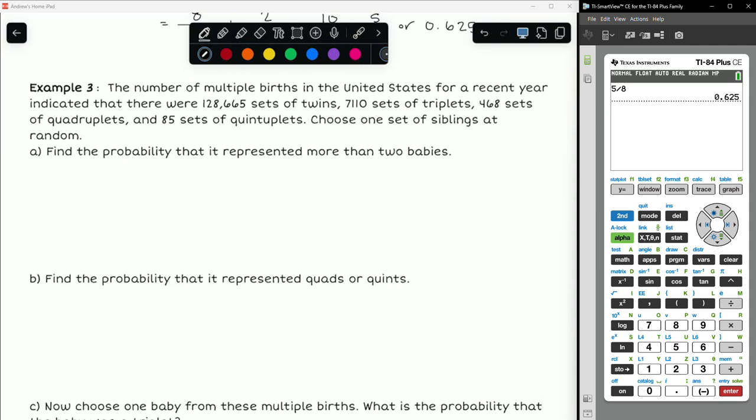Whew. So, first thing I need to do is I need to figure out how many sets of siblings we have, because I know that that's going to be the bottom of any probability fractions.